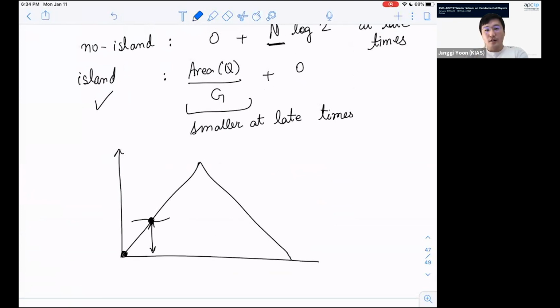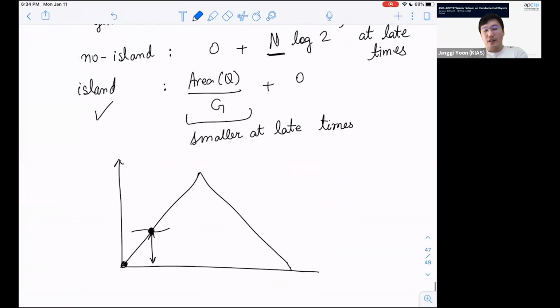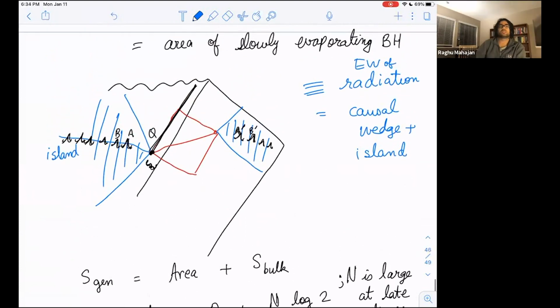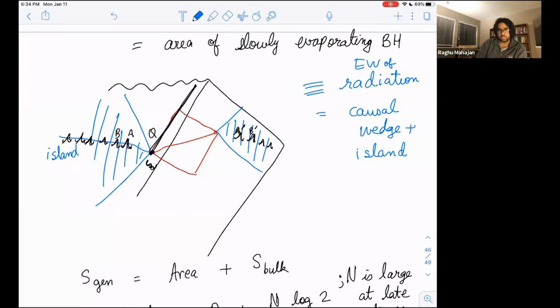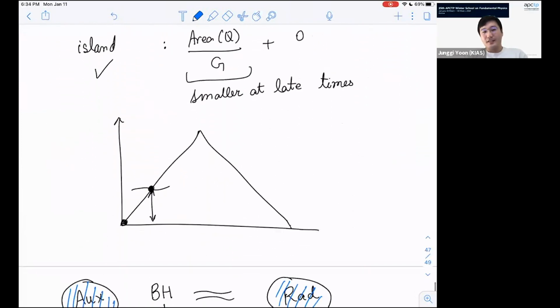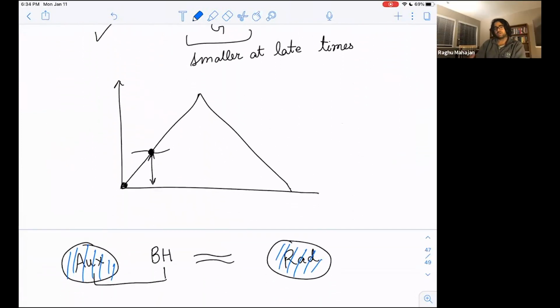So here, for the evaporating case, what would be the final stage? Do you consider it back to the pure state, or what happens in the end? At the end, yes. Because this quantum extremal surface is following the evaporating horizon, it will become very small.